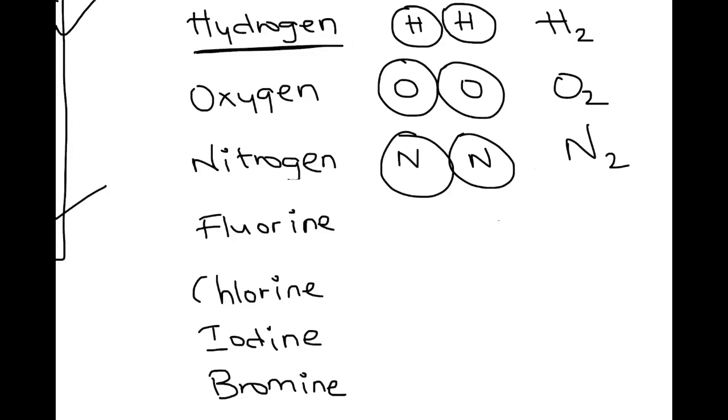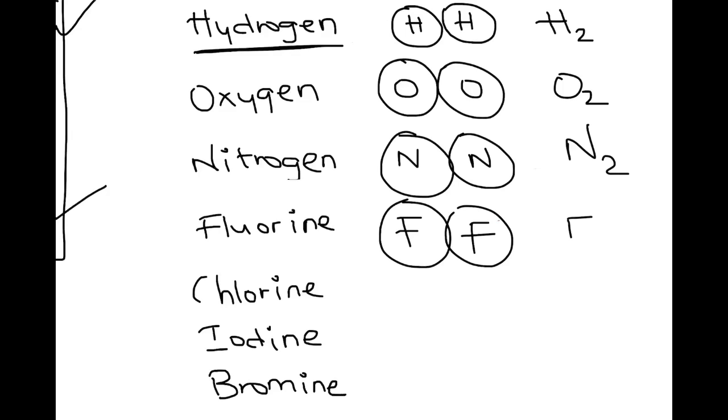Please note that this number at the bottom has nothing to do with the valency. Hydrogen has valency 1, but it still combines with another hydrogen atom. So there's just two hydrogen in one molecule. Here, there is two oxygen in one molecule. Here, there is two nitrogen in one molecule. Fluorine as well, there is two fluorine in one molecule of fluorine.